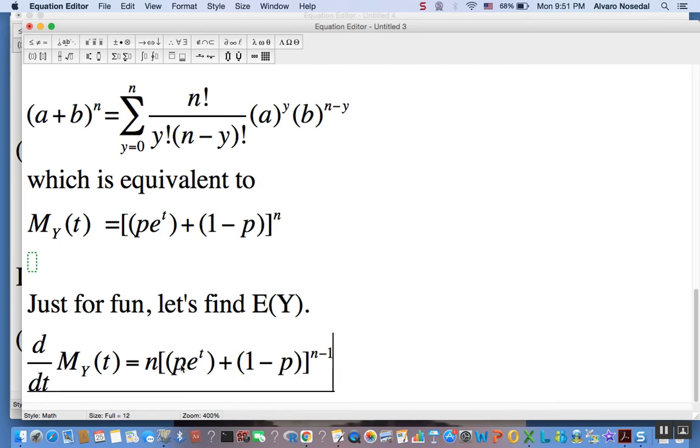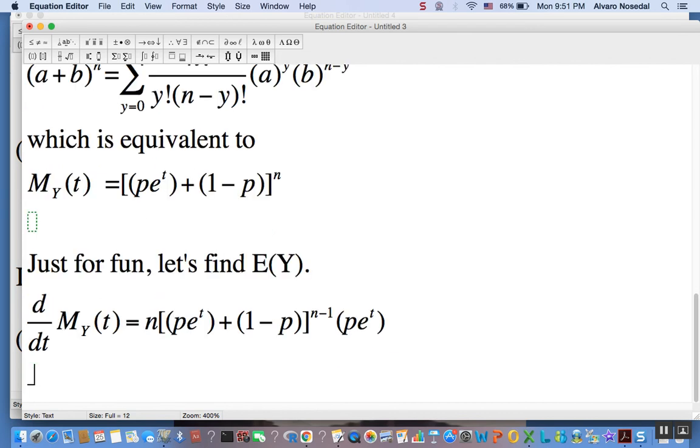And then the derivative of p times e to the power of t happens to be p e to the t, right? You guys agree? Okay, let's keep going.